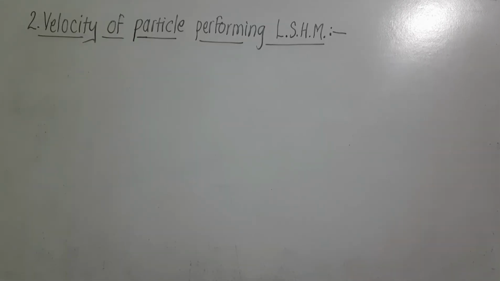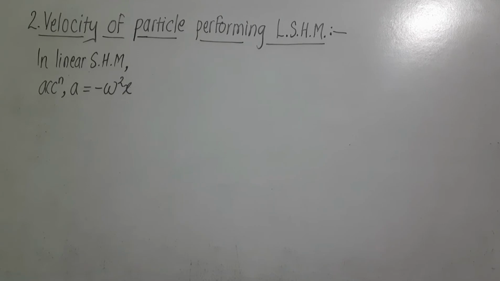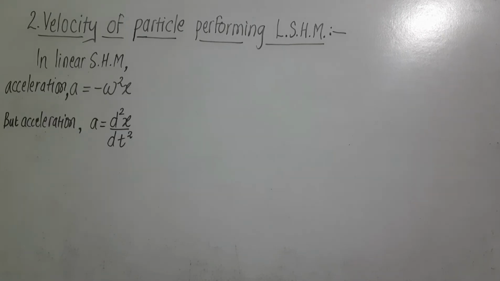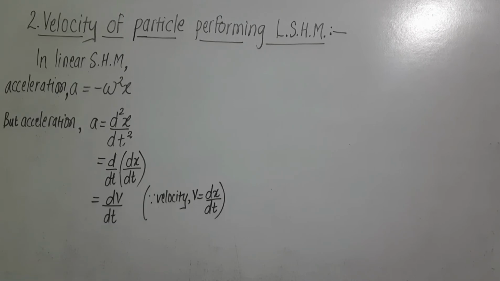Now second, velocity of a particle performing linear SHM. Just now we have seen that in linear SHM acceleration A is equal to minus omega square x. But acceleration A is equal to d square x by dt square, equal to d by dt of dx by dt, where dx by dt is velocity.